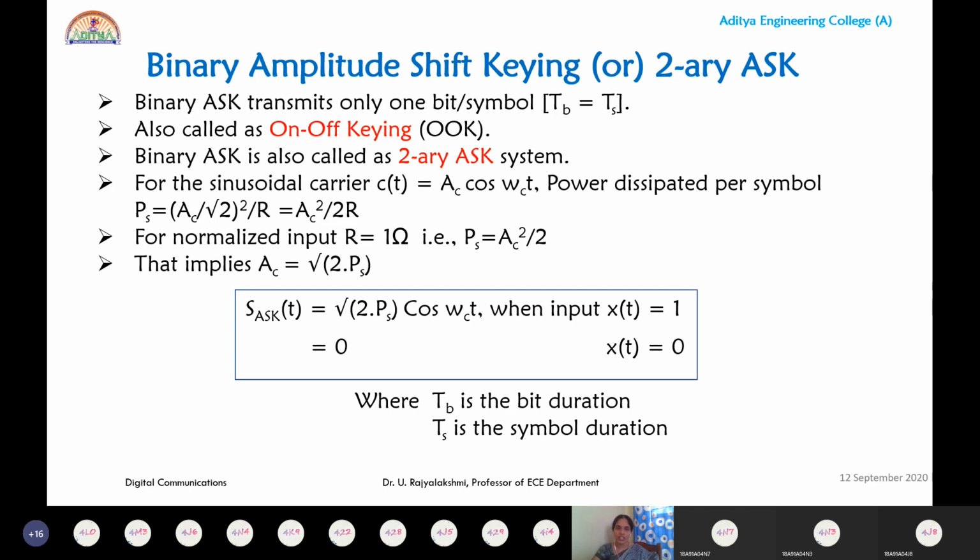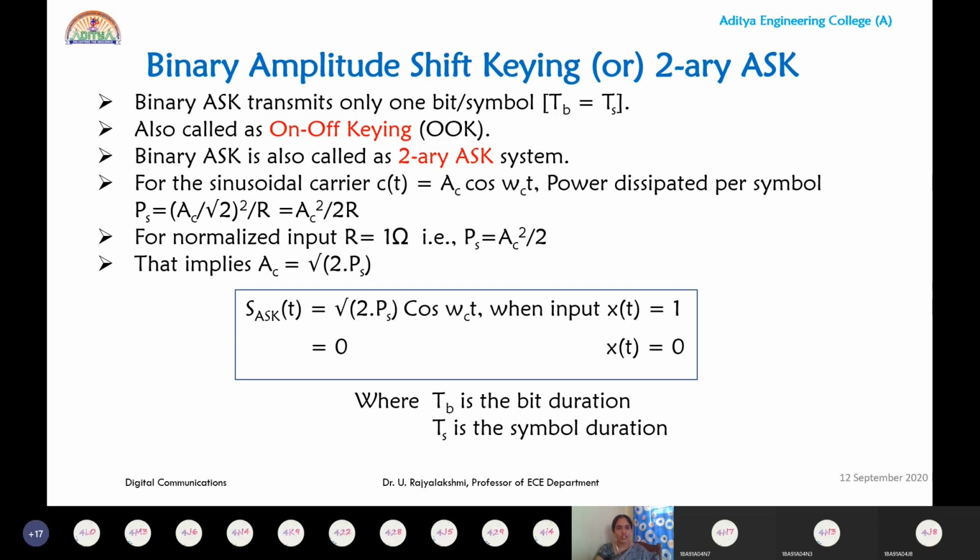Because the signal exists only when the input data is 1 and the signal is off when the data is 0. You can observe the same thing from this equation: S_ASK equals the same Ac cos(omega_c t) for input 1. When the input is 0, it is defined as off key.